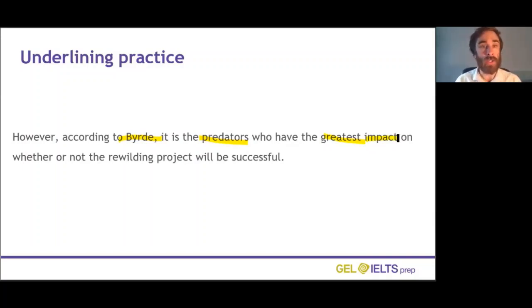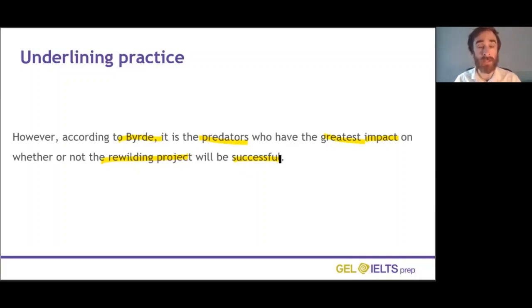On whether or not the rewilding project, this is a whole noun phrase. So it's a project about rewilding, so we can treat it as one word. And finally, successful. So we're determining whether the project is successful and it's predators who have the most effect on this. Who says this? Bird.